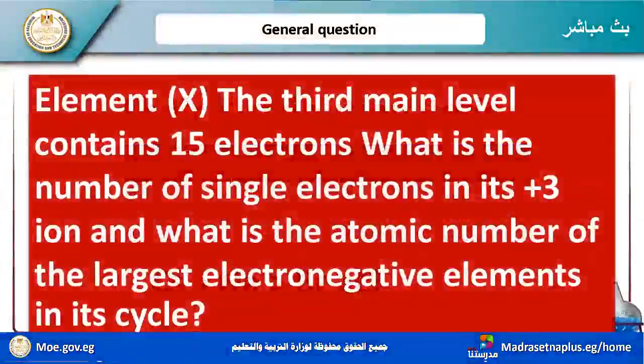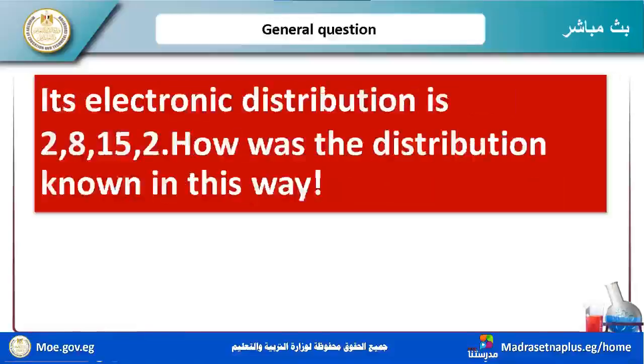Now we must move to another idea. Element X has 15 electrons in its third main level. What is the number of single electrons in its positive 3 ion, and what is the atomic number of the element with the largest electronegativity in its period? Its electronic configuration is 2, 8, 15, 2.